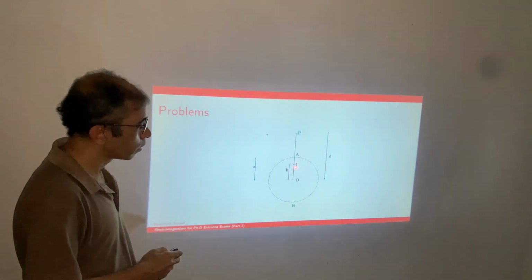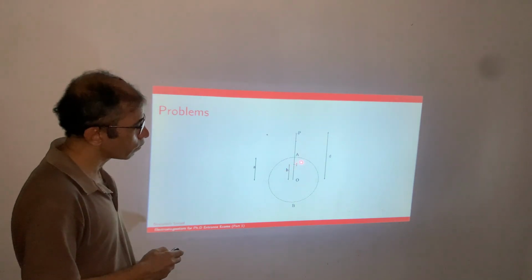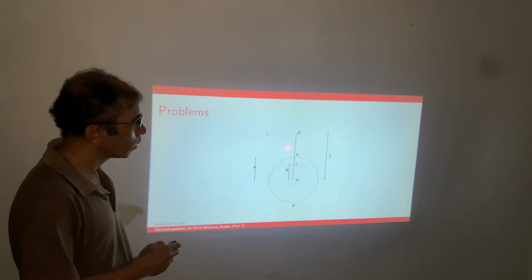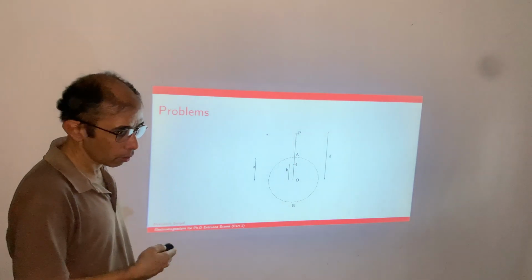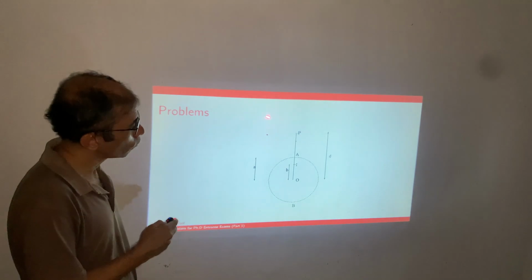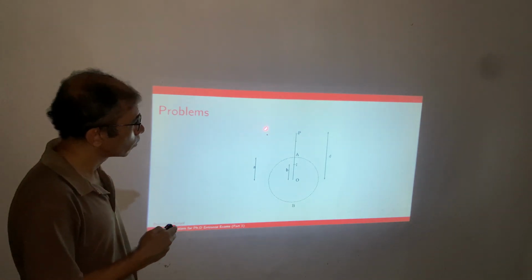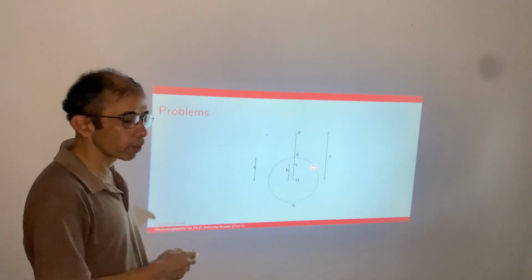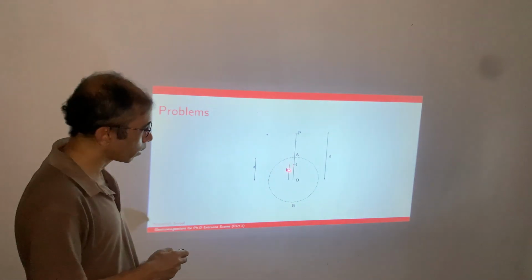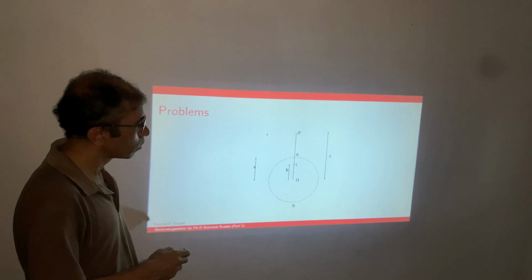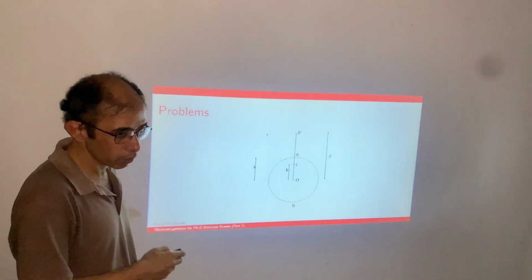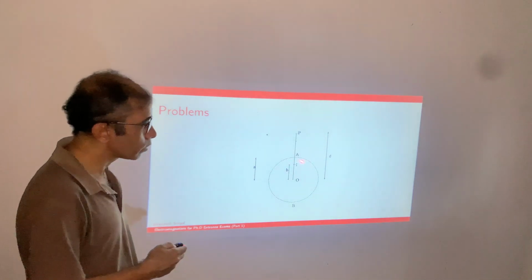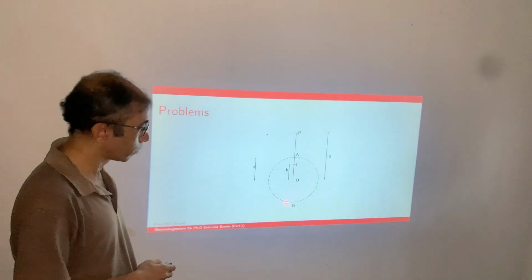If we can find such a charge, then the combination will mimic or simulate whatever the potential will be due to this sphere. You don't have to worry about the sphere anymore. This charge will do the work of this sphere. So that is the method of image, and this works because of the uniqueness theorem.